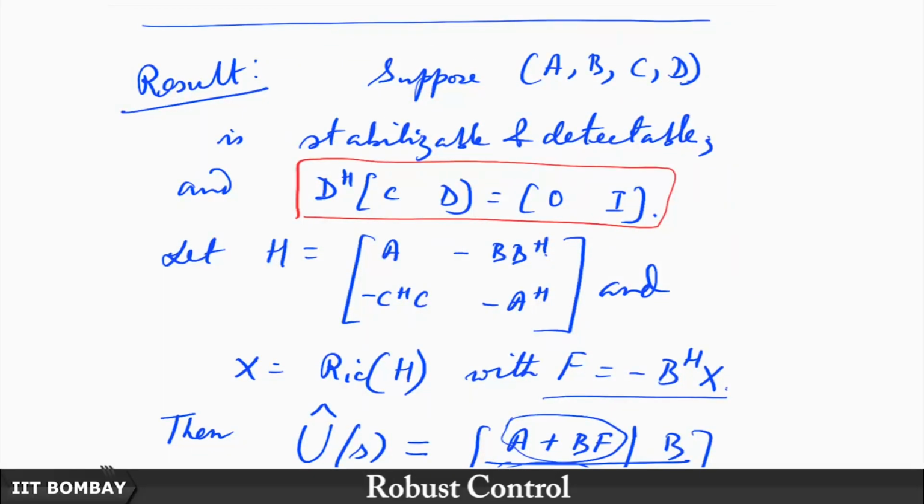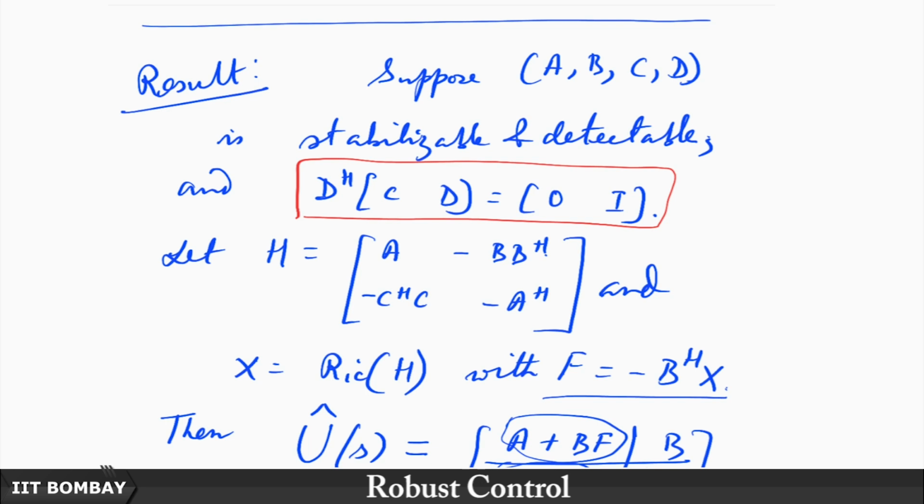Let's suppose you have a plant A, B, C, D, which is stabilizable and detectable, which is not really asking for much, because stabilizability and detectability is a bare essential we desire out of a plant for which we want to design an internally stabilizing controller. We want this condition to be met: D Hermitian acting on C D leads to this structure 0 I. Yeah.